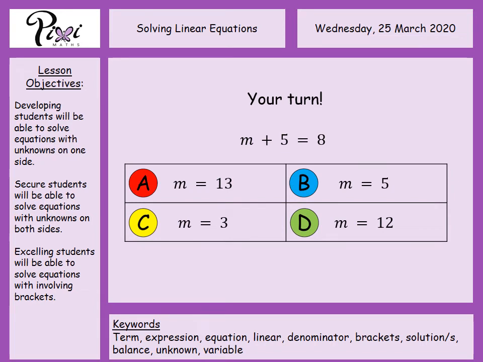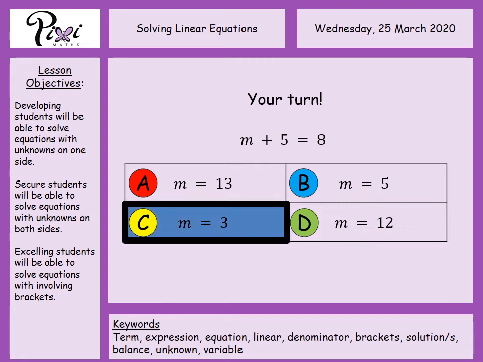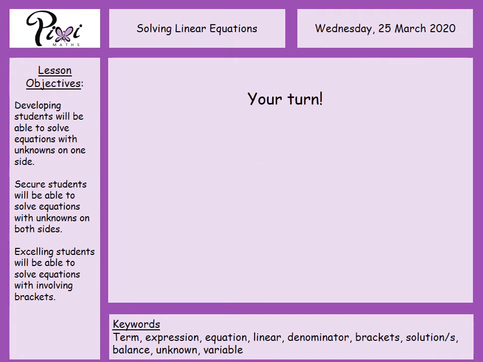Now, tell me what's the answer? A or B or C or D? Yes, it's C. m equals 3. Because 8 minus 5 equals 3. Now we will solve another question. p minus 8 equals 3.